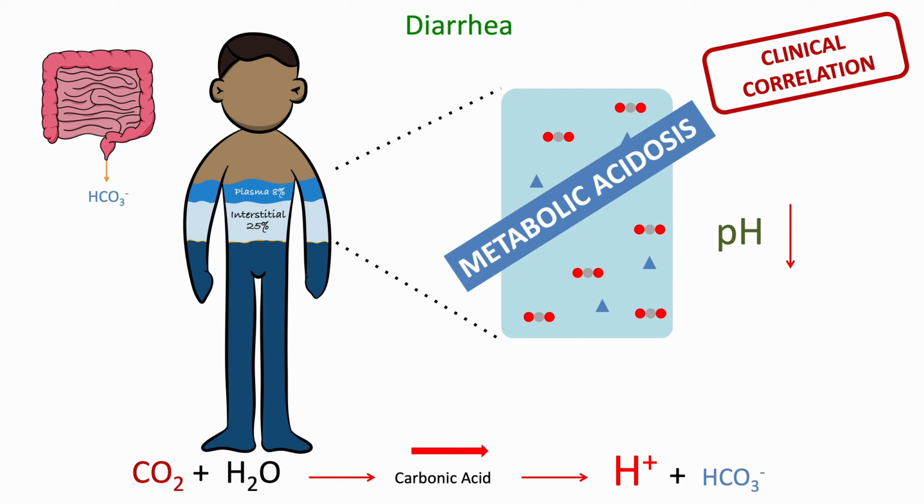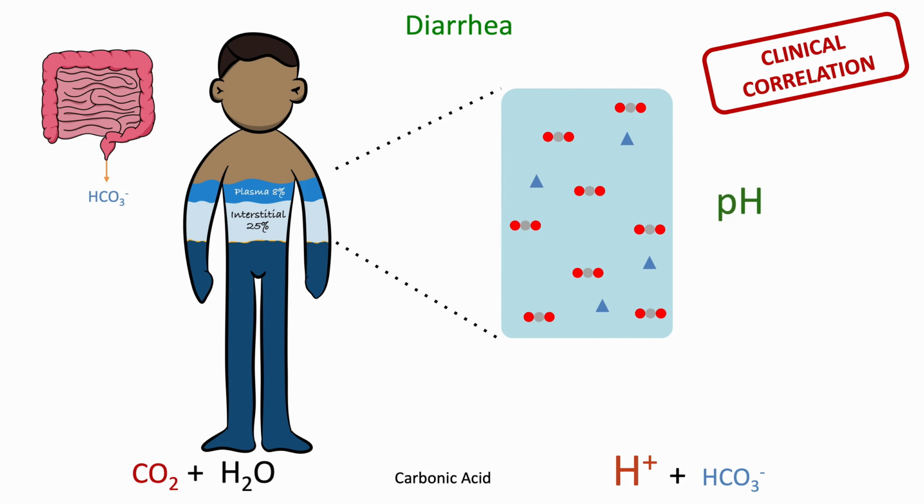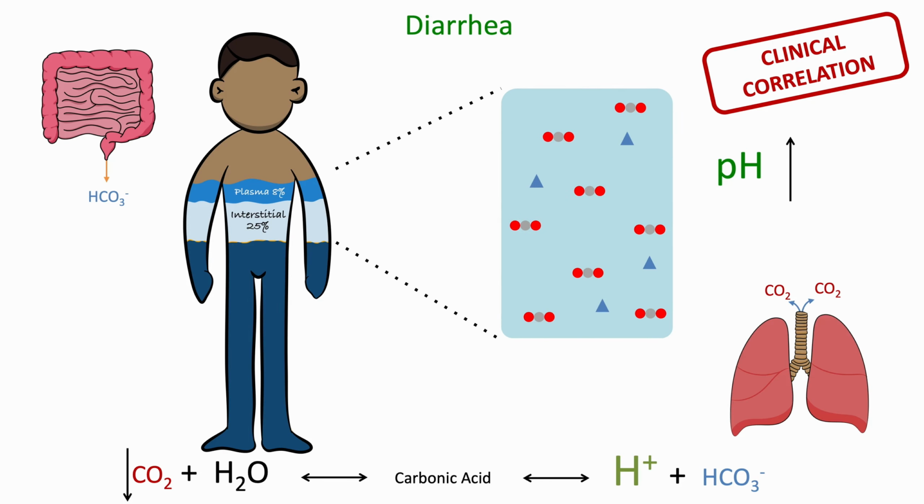Any process that decreases the concentration of bicarbonate is referred to as a metabolic acidosis. Note that bicarbonate loss can occur through the gastrointestinal tract or the kidneys. The lungs will compensate by blowing off CO2 to balance out the change in bicarbonate. This compensation can happen quickly, as the respiratory rate quickly increases.